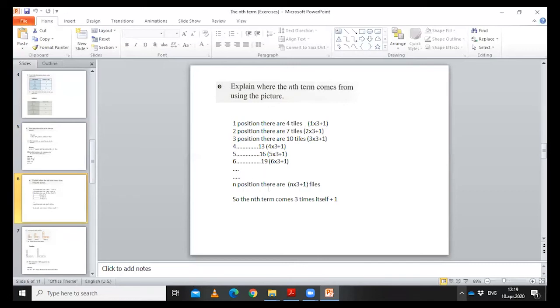For the nth position, there are n times 3 plus 1 tiles. So the nth term comes from 3 times itself plus 1.